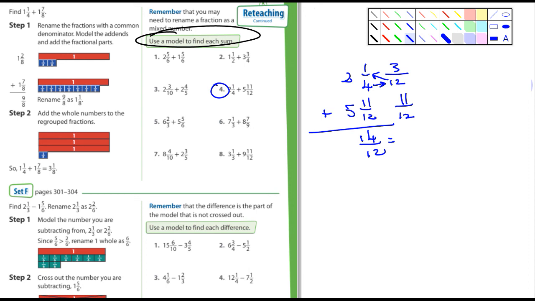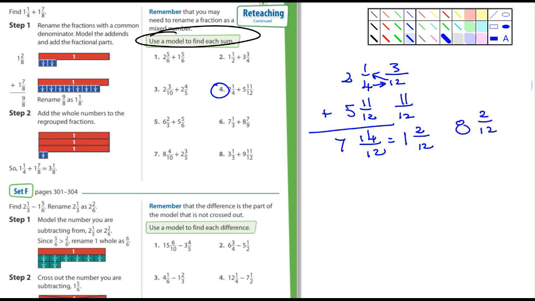How many times does 12 go into 14? Once. What's left over? 2 12ths. 1 and 2 12ths. So if we added the 5 and the 2, what's that? That's 7. So now we have to add the 7 and the 1. What's 7 plus 1? That's going to be 8. 8 and 2 12ths.